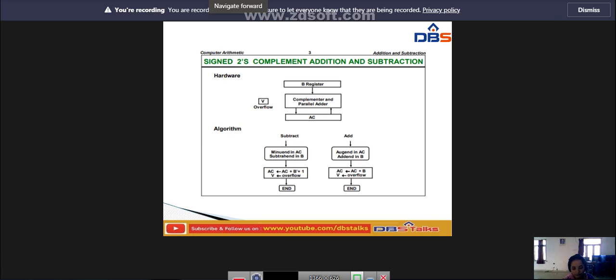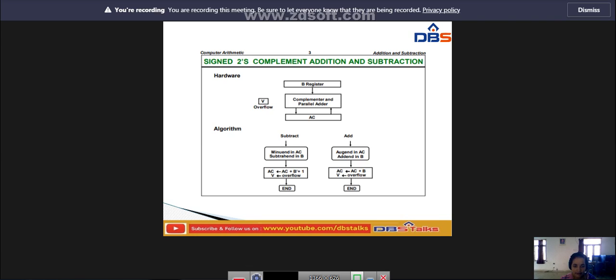For hardware, V is the overflow; we have the B register, accumulator AC, complementer, and parallel adder. This is the subtraction algorithm, and this is the addition algorithm.